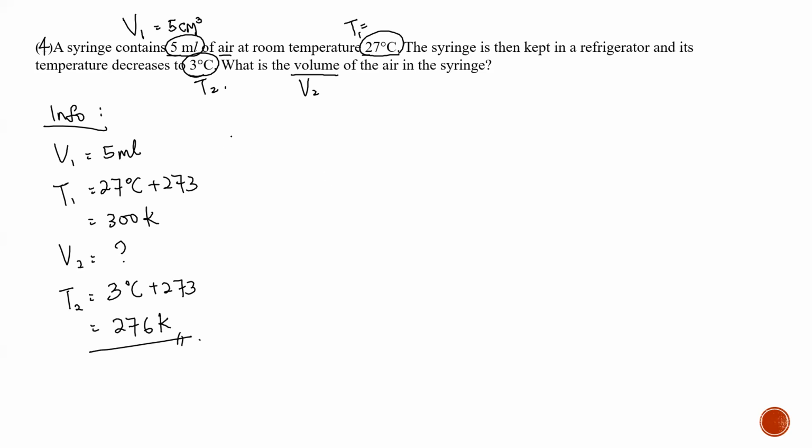Then next, what to do? Please draw the triangle to check which formula is used. Okay, so we got V and we got T, which means we are using Charles' law. Oh, sorry, it's Charles' law. Now, the formula will be V1 over T1 equals V2 over T2.